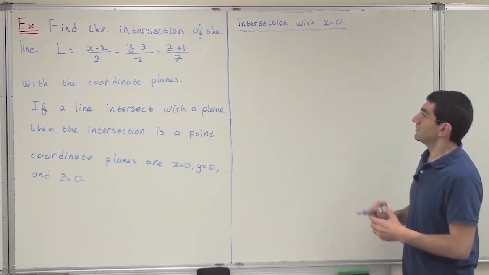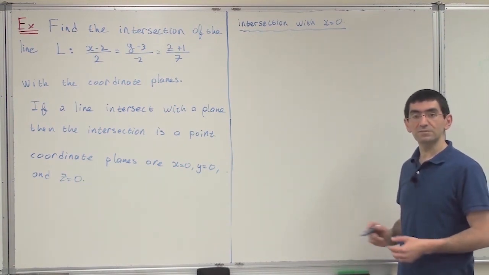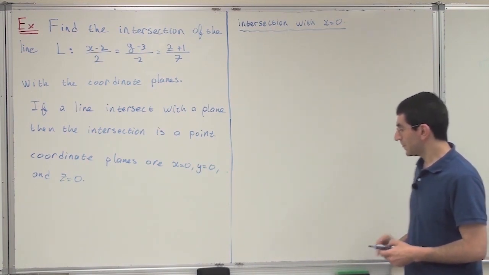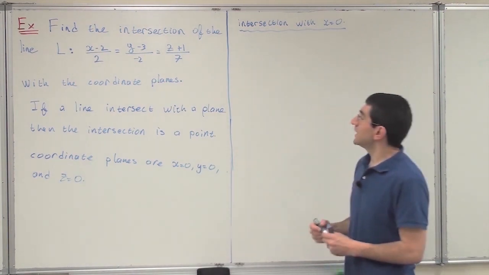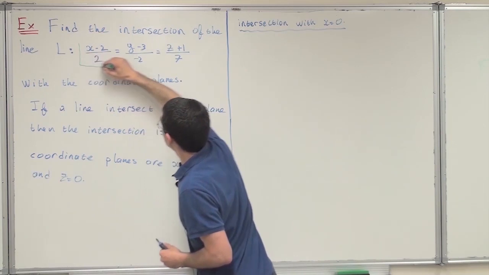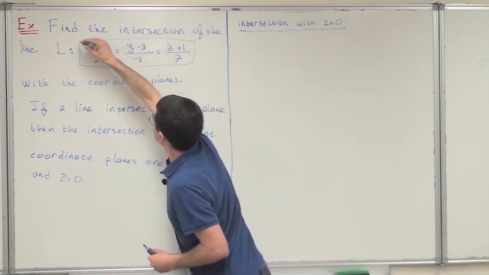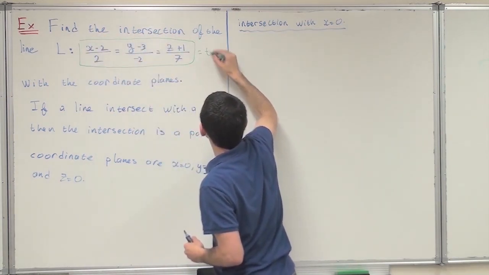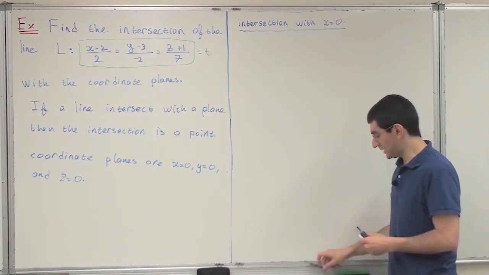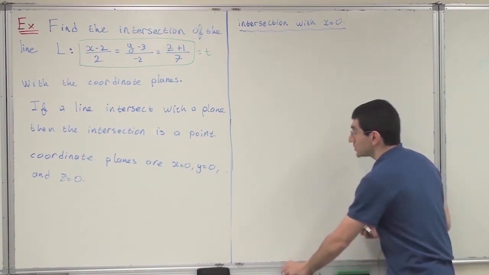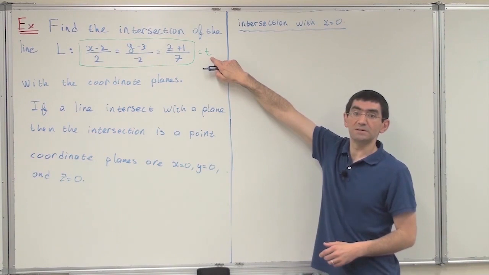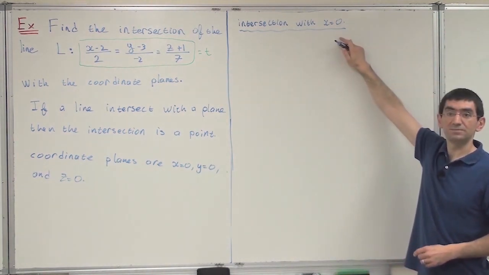There are many different ways to do that, based on how the equations are given. In this case, since the equation of a line is given in terms of symmetric equations, and we know that all these fractions are equal to the parameter t, we are first going to find the value of the parameter at the intersection.